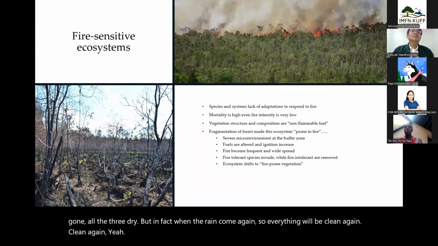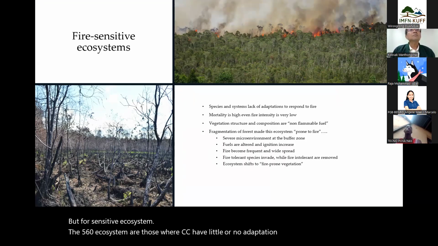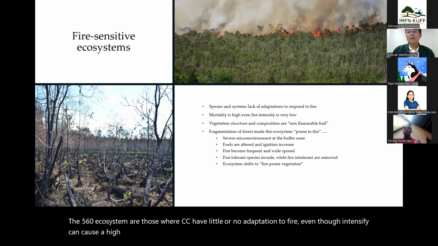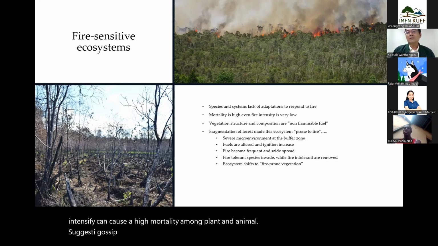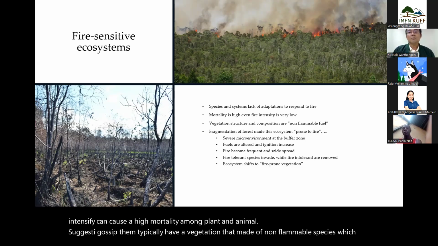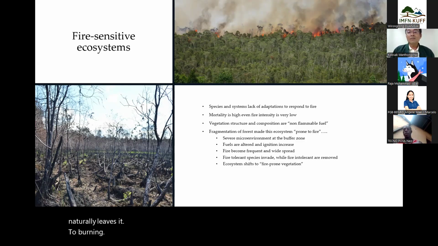But for fire-sensitive ecosystems, these are those where species have little or no adaptation to fire. Even low intensity fire can cause high mortality among plants and animals. This ecosystem typically has vegetation made of non-flammable species, which naturally resist burning. However, when forests become fragmented, the conditions change.